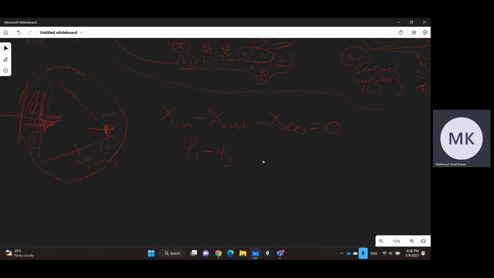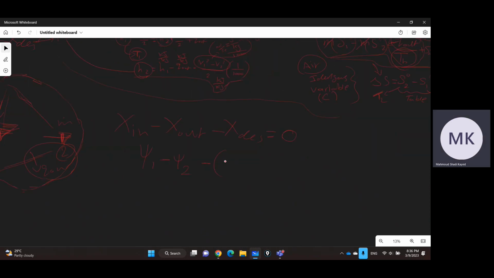Minus psi2 minus the heat. We'll see what will happen now. The Exergy transfer by heat will be 1 minus T naught, this T naught is from the equation itself, over the temperature of the boundary, multiplied by Q, minus the Exergy destroyed is equal to 0.